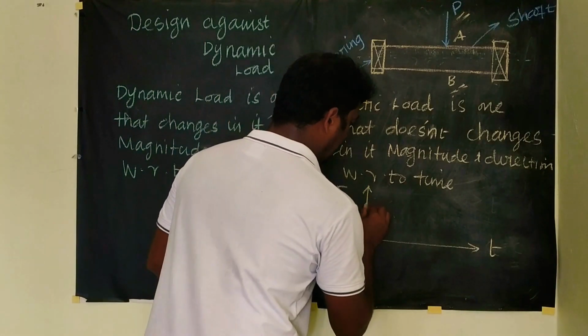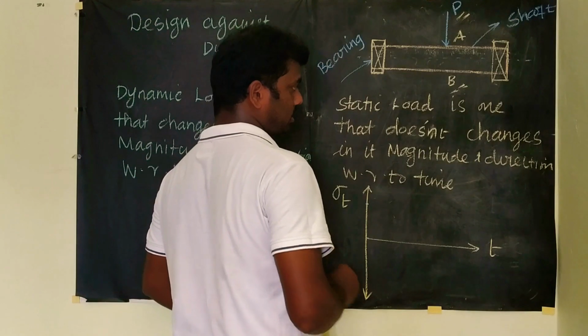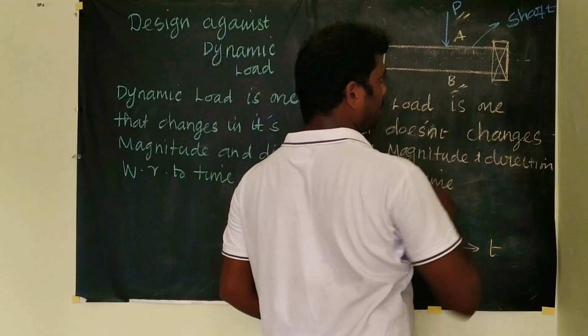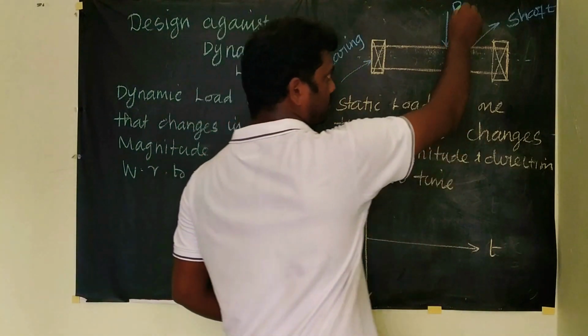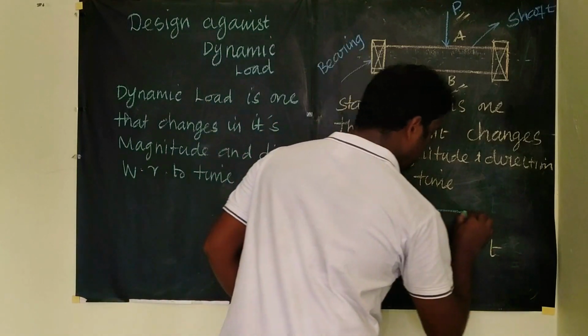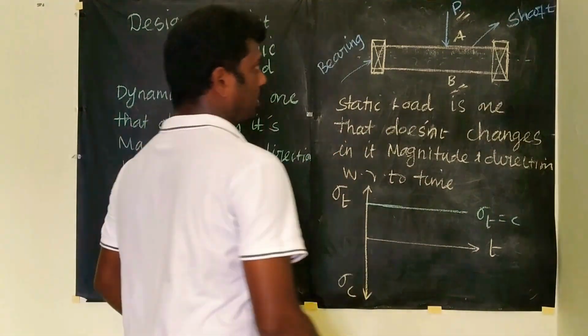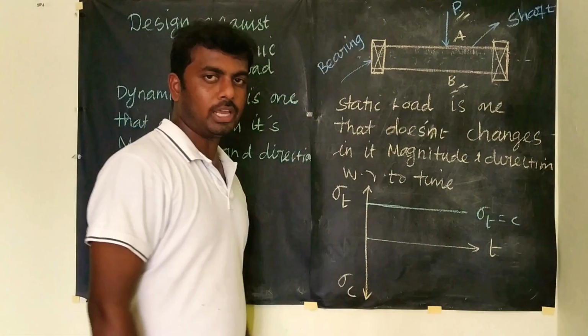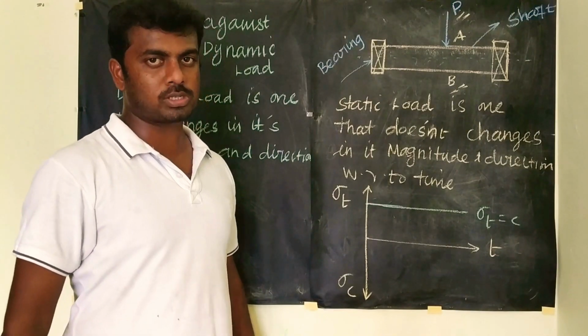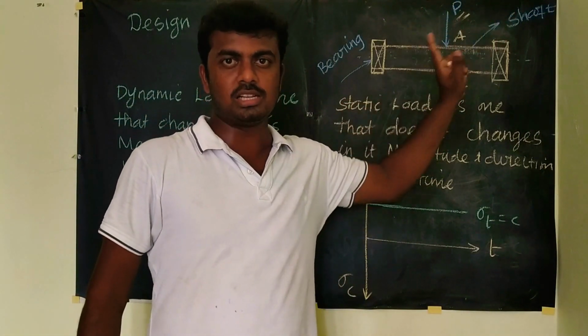So this is the value of the induced stress at point B under the action of the transverse load. Sigma t is constant. Similarly, at point A, we have only compressive stress under the action of the transverse load. Here there is no tensile stress.